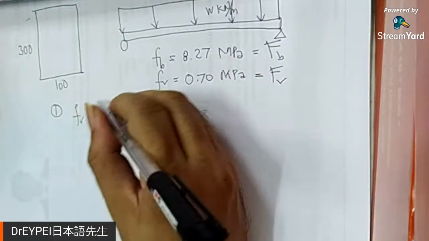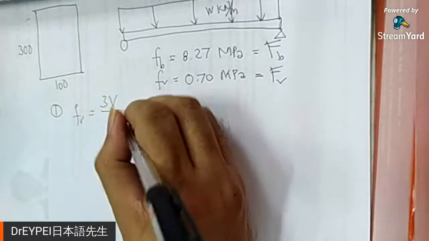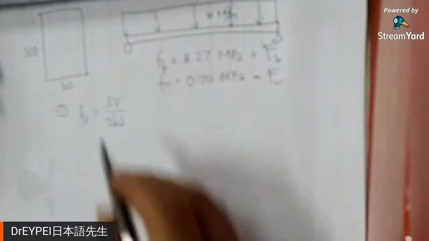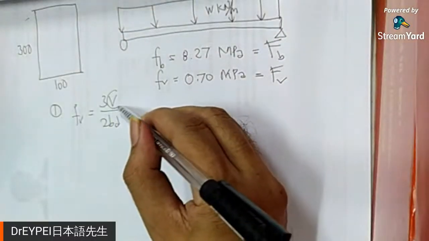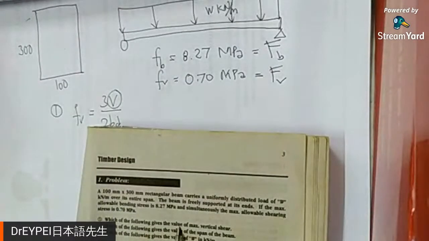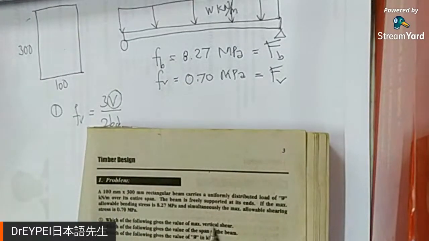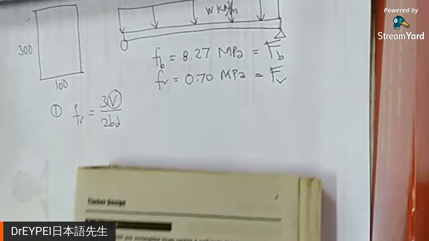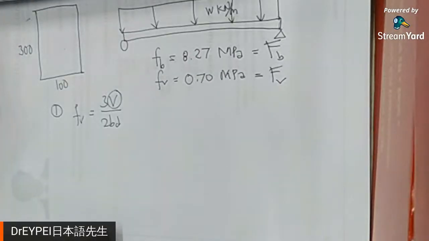Fv is equal to 3V over 2bd. So, ito yung hinahanap natin ngayon. Ano daw ang value ng maximum vertical shear?